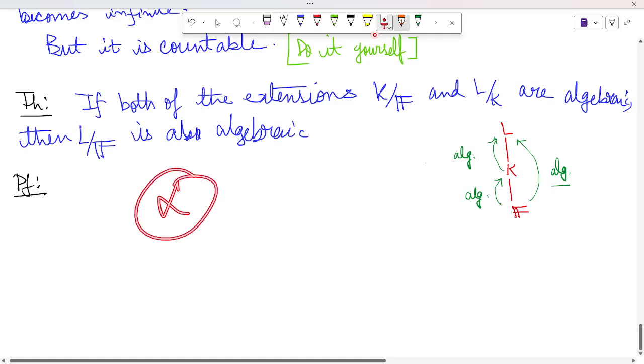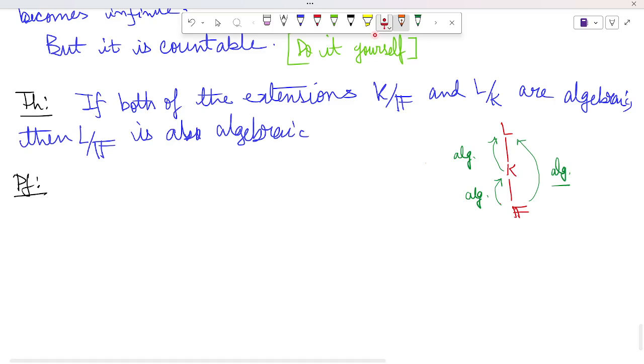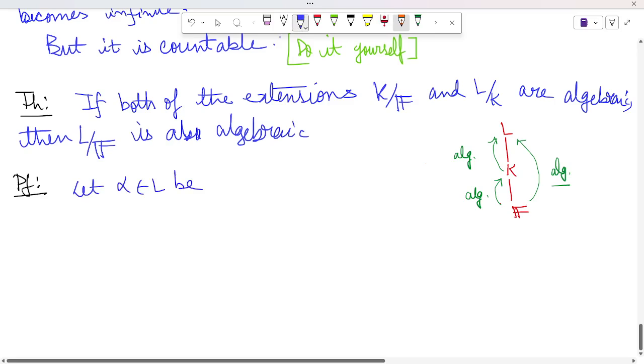Suppose we pick alpha, then alpha will satisfy some equation and consequently we will use the tower law to see that alpha is algebraic. Again, we will not write the minimal polynomial of alpha over F because we don't know what that is. Let alpha belong to L be arbitrary.